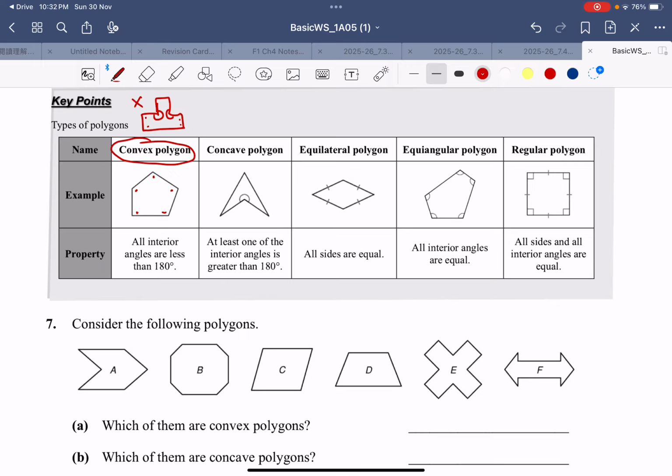Rather, it is a concave polygon, with at least one angle greater than 180 degrees. So this one actually is a convex polygon. Okay. How about a figure like this?